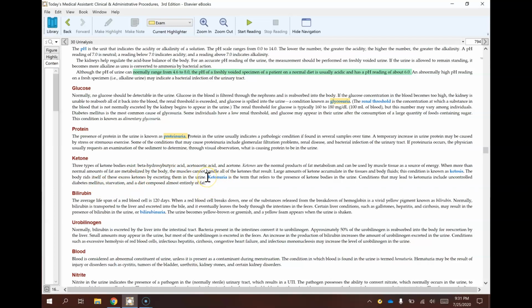Ketonuria is the term that talks about ketone bodies in the urine. That may be due to, as it says here, a diet. I'm going to highlight it again. Conditions that may lead to ketonuria include uncontrolled diabetes mellitus, starvation, and a diet composed almost entirely of fat.